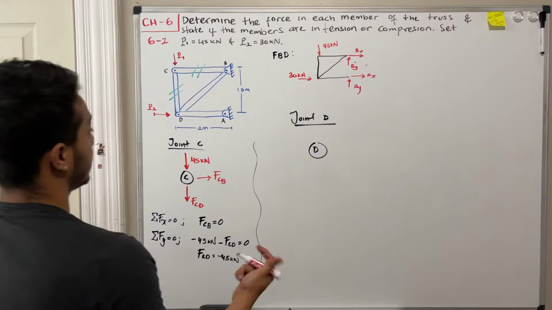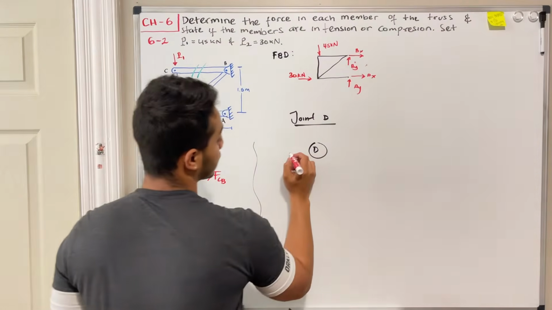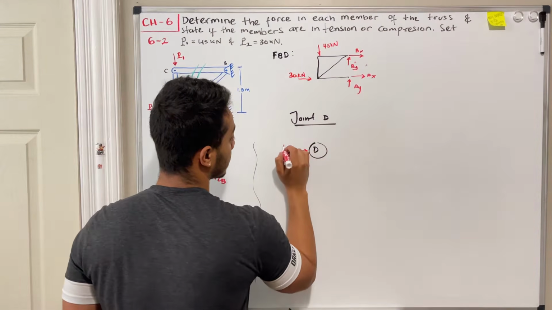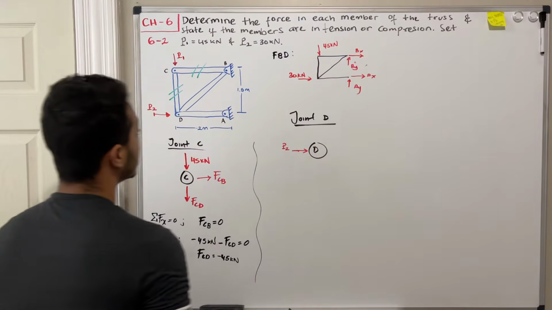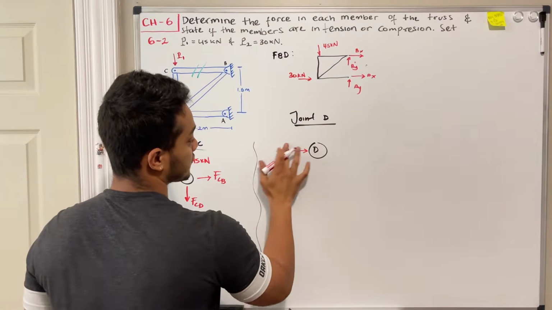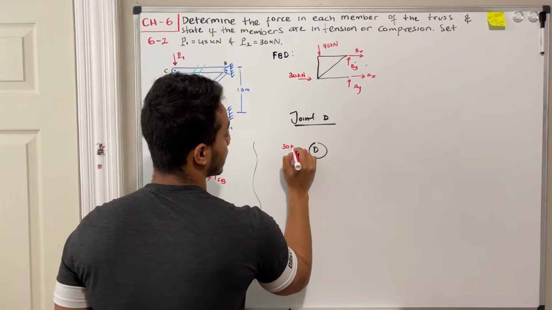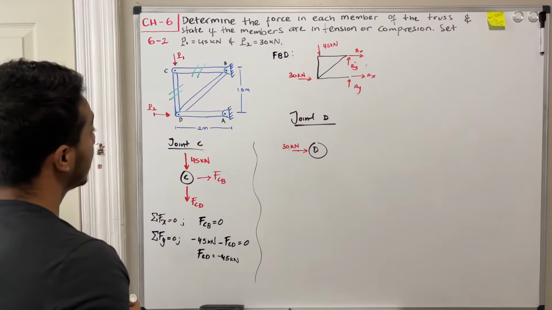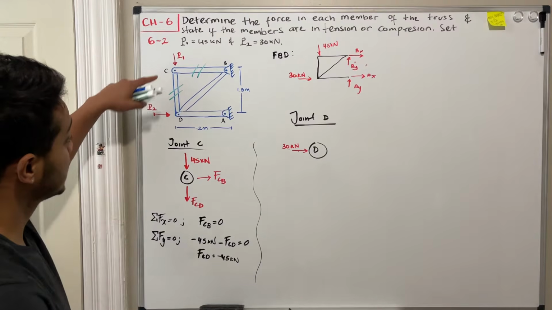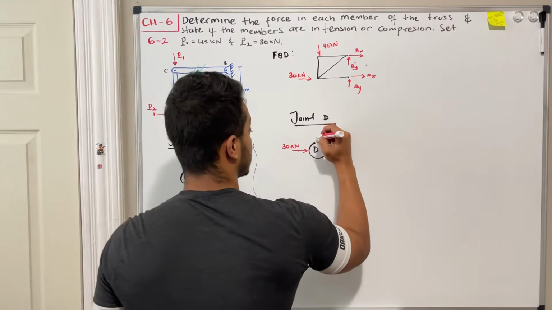And which forces do we have? Well, we got P2 going to the right. We got P2. Then, let's just put the number in since we know it, which is 30 kilonewtons. Okay. Then we got our force CD.